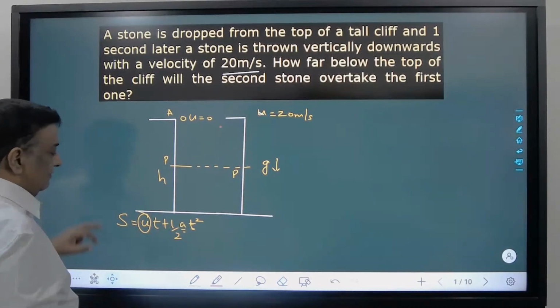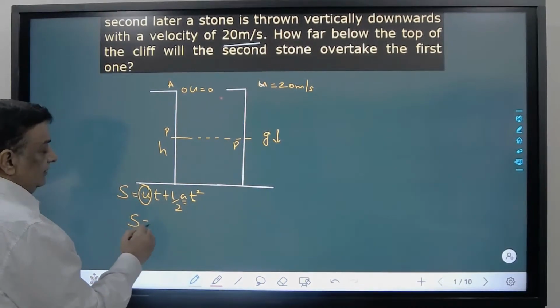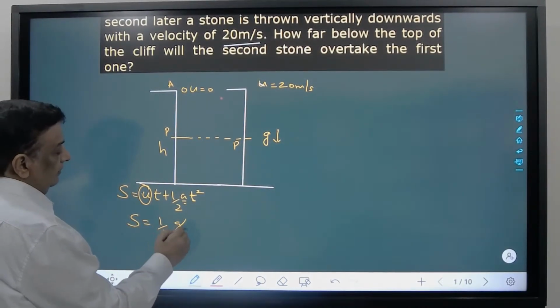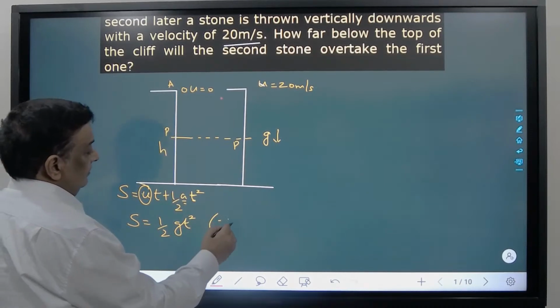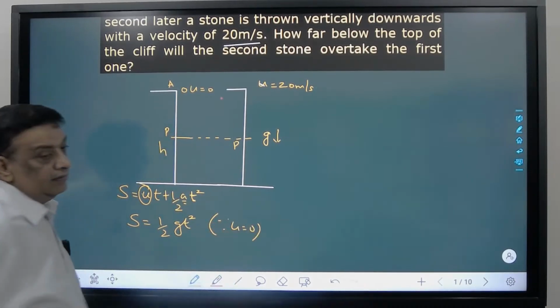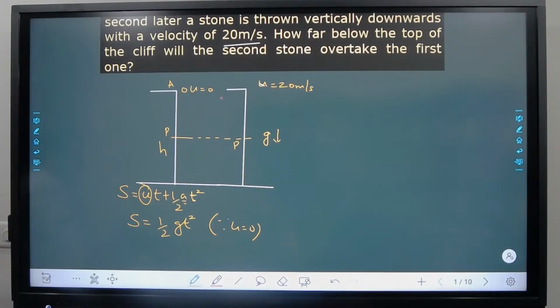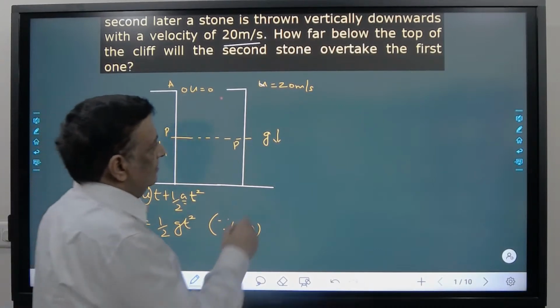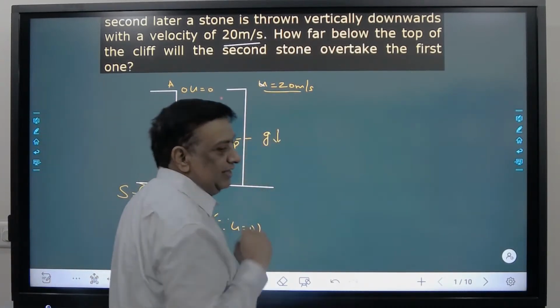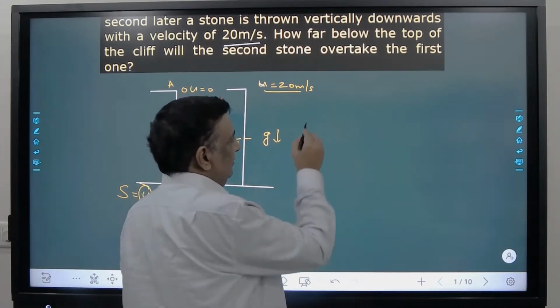So distance traveled will be half g t square, whereas second body travels the same distance s when it is thrown with velocity of 20 in time t minus 1.